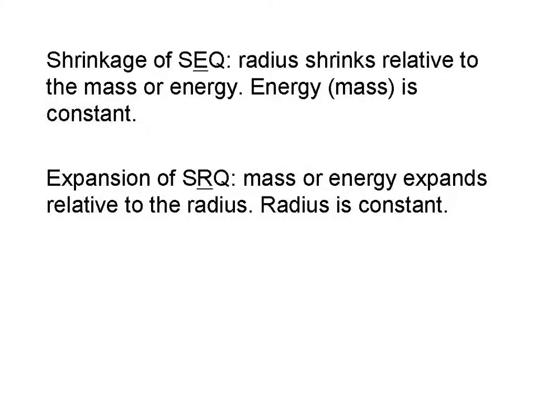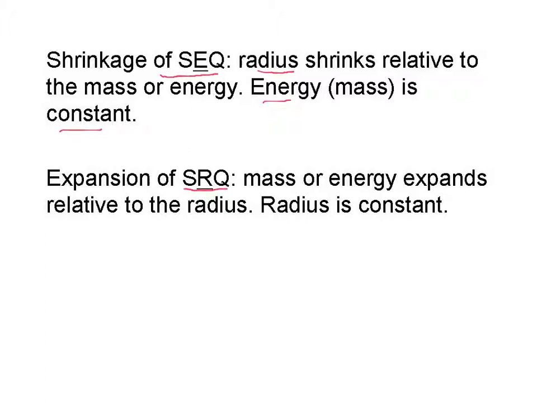So we're going to make the claim that with shrinkage of the small energy quantum down to the particle size, the radius shrinks relative to the mass or energy, and the energy is constant. Expansion of the SRQ up to the size of a particle, we find that the mass or energy expands relative to the radius, and that the radius is constant.